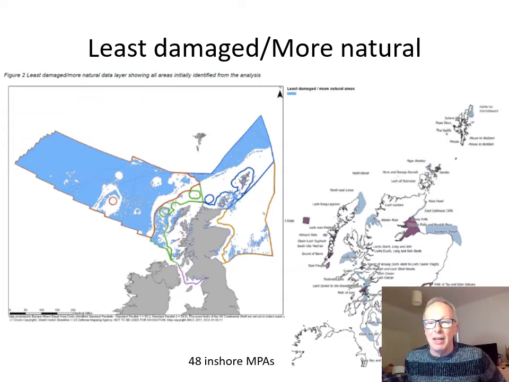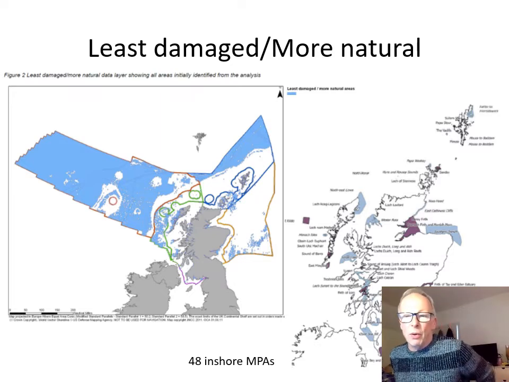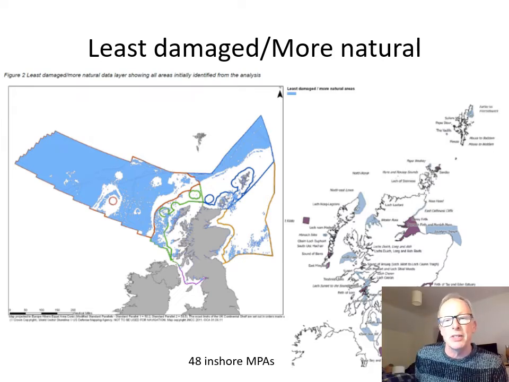I think that really lets some of the more damaging activities off the hook in some ways. But fortunately, the designation of coastal MPAs at least doesn't seem necessarily to directly reflect that least damaged, more natural consideration.